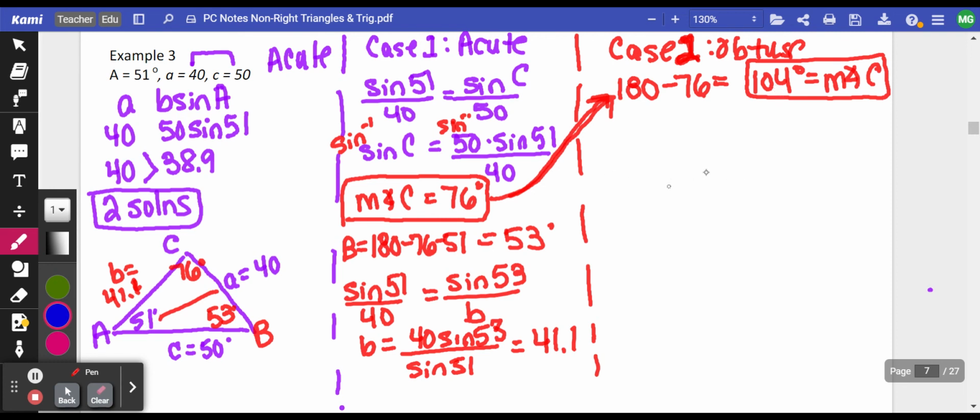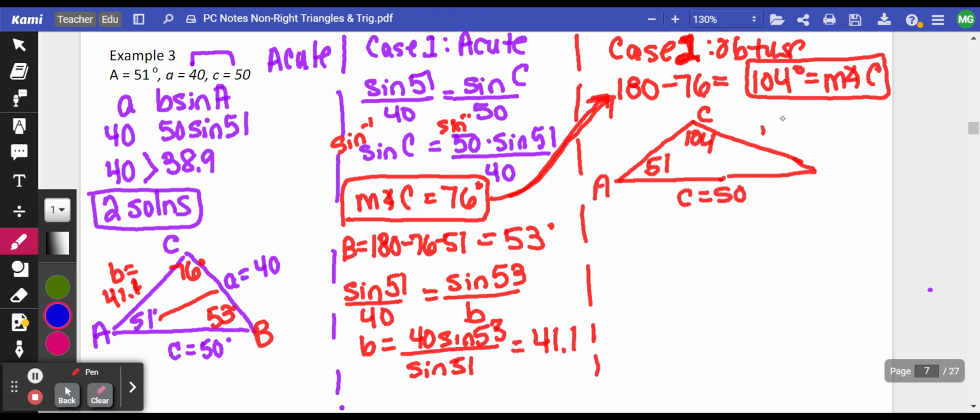I'll keep my original 51 here, but now we're dealing with a 104-degree angle. So we have an obtuse triangle here, and you can see it takes on a different shape, obviously. We were given that side C is 50. This was angle A, and of course, we were told that side A was 40.